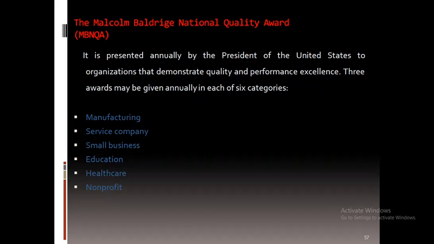This award is in the USA, and it is presented annually by the President of the United States to organizations that demonstrate quality and performance excellence. Up to three awards may be given annually in each of six categories. Here you can see the different categories.